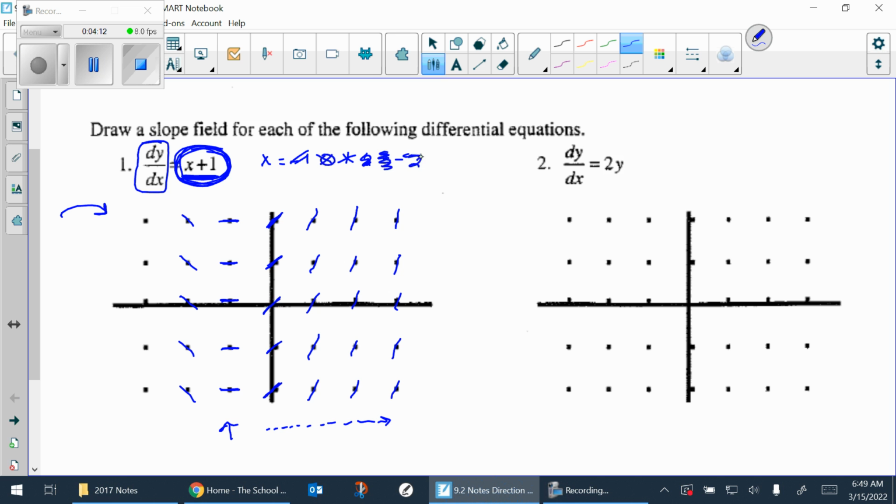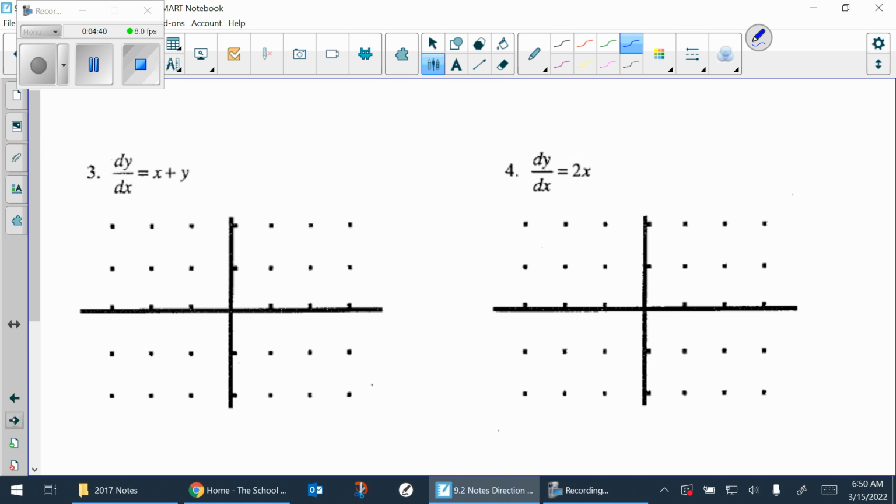And if x were negative 3, then I'd have a slope of negative 2. Again, the trend is that as I work my way to the left, I get steeper in the negative direction. So that's how you're going to draw a direction or a slope field. And we'll talk about how useful that may be in just a little bit.